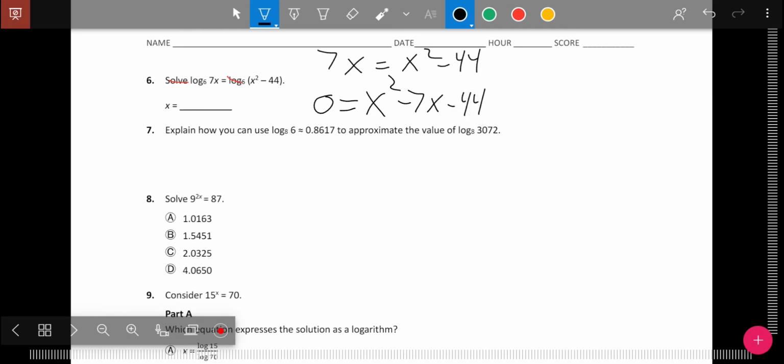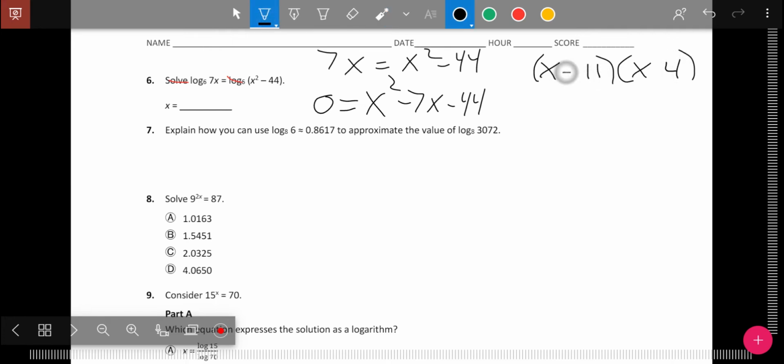And now I need to factor x squared minus 7x minus 44. X and x makes x squared. What numbers multiply to make 44, but subtract to make negative 7? Multiply to make 44, but subtract to make 7. Right? And that would be 11 and 4.